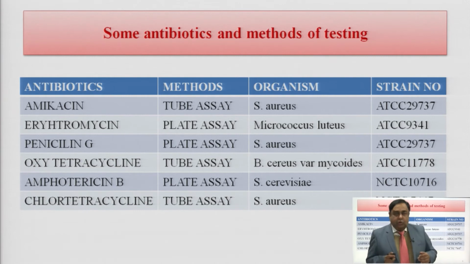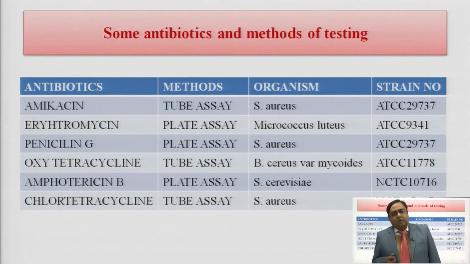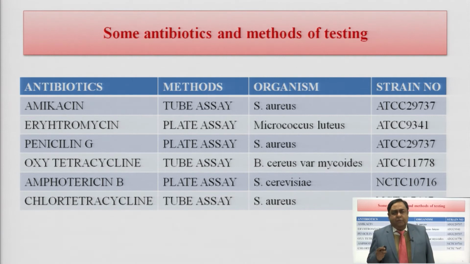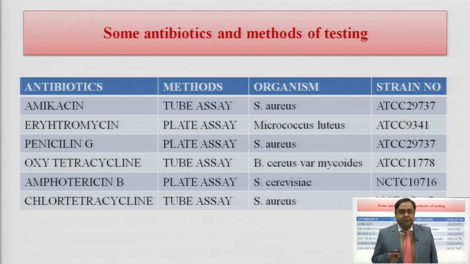Now, there are certain logic by virtue of which these methods are recommended by IP. If the antibiotics are perfectly soluble in water and they are not leaving any particulate impurity, we will preferably go for turbidimetric method, else we will go for the cup plate method.